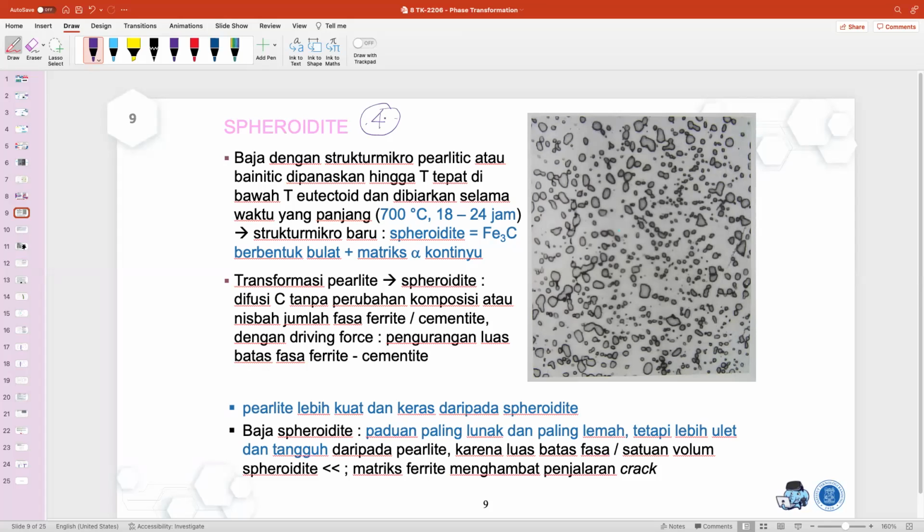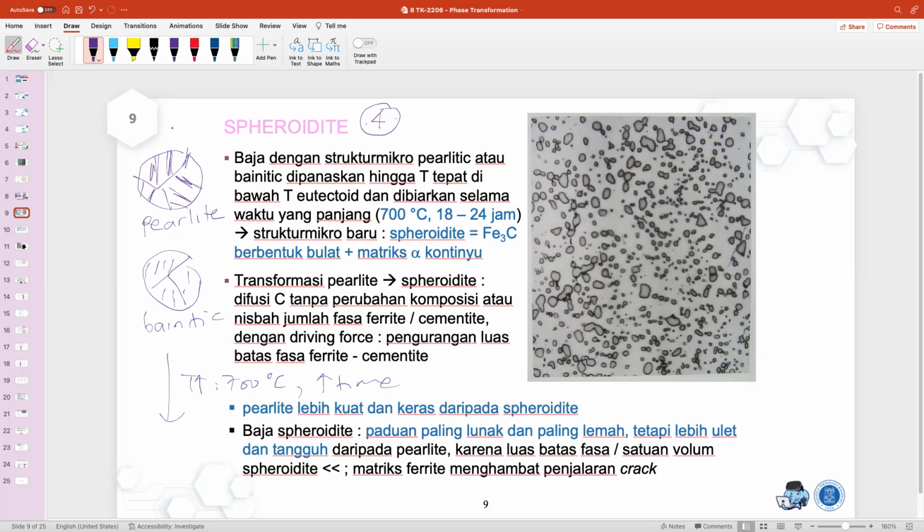So if we have a steel which is pearlitic like that, or bainitic, and then we heat it up to quite a high temperature, for example 700 degrees Celsius, for quite a long time, what happens is all of these plates, all of those layers, will shorten up.